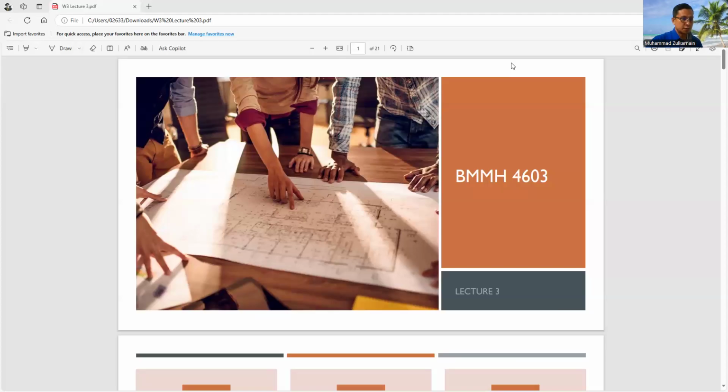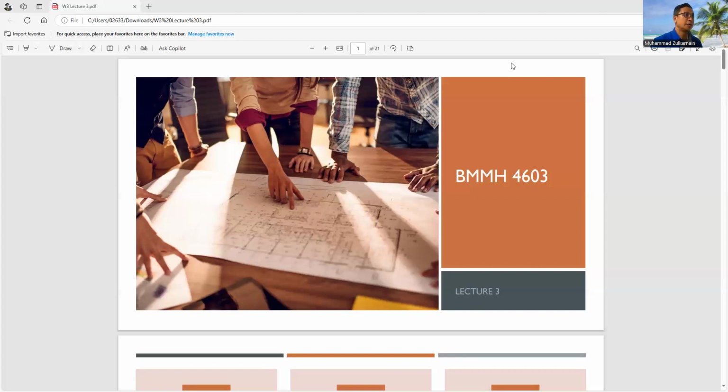As we know, you as engineers should understand how the diagram works in the electrical circuit. Last week, in the previous class, we already introduced the series and parallel circuit.